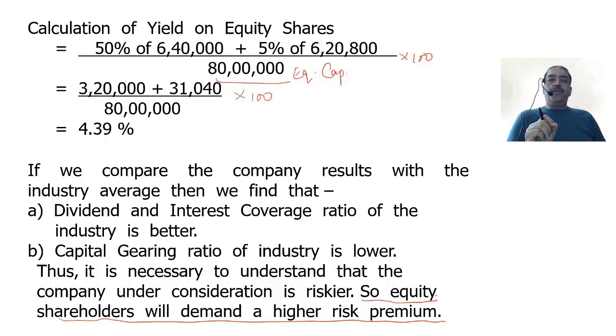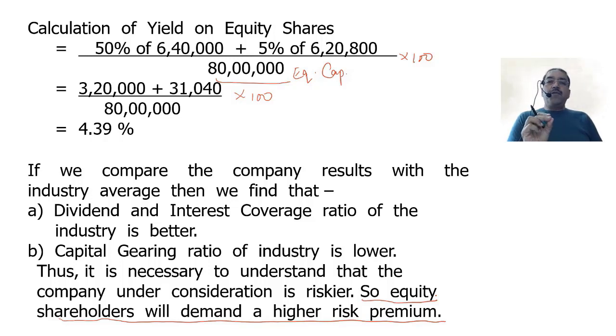What will I assume? I will assume that for the difference in dividend coverage ratio, they will ask 1% more premium, 1% extra premium. And for every 1 unit of difference in CGR, CGR means capital gearing ratio, they will ask 2% premium.